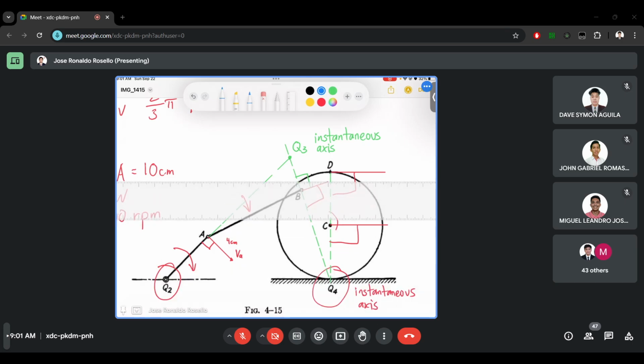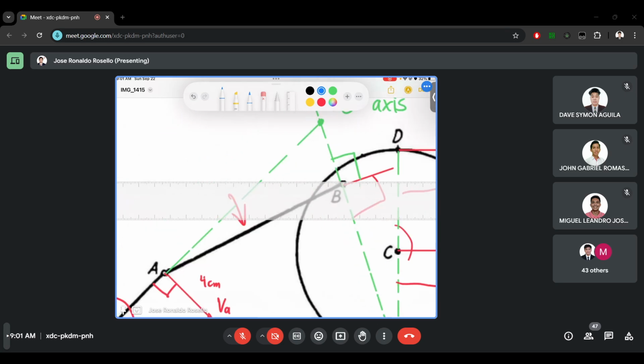Let's measure the length of Q3 and A. So Q3 from this one is 13.65.